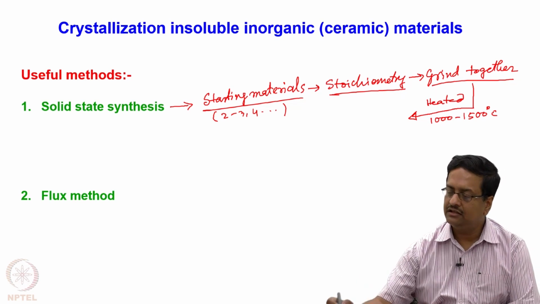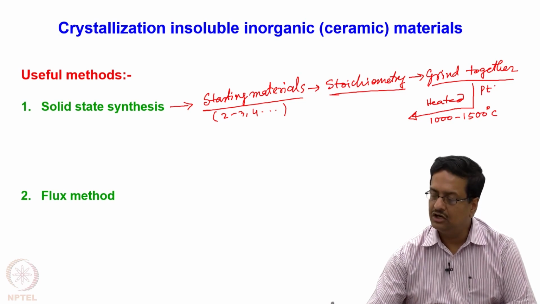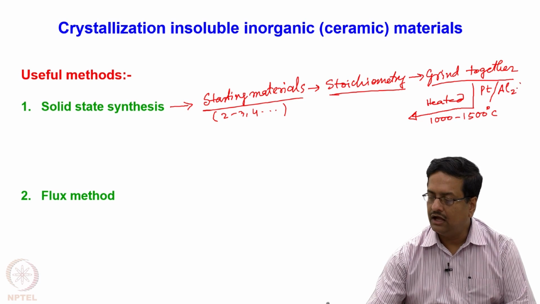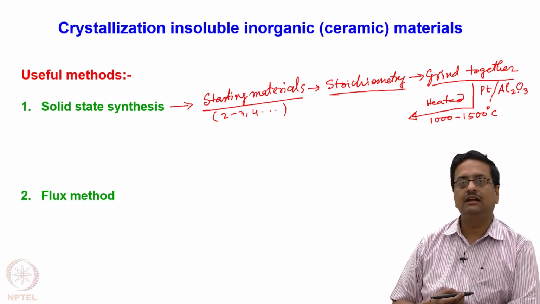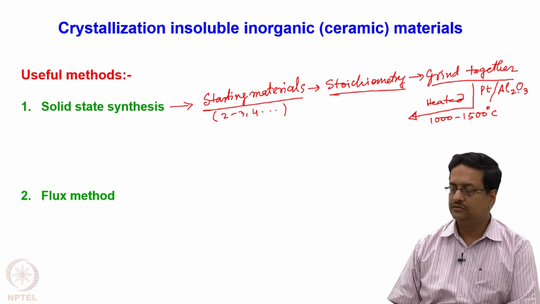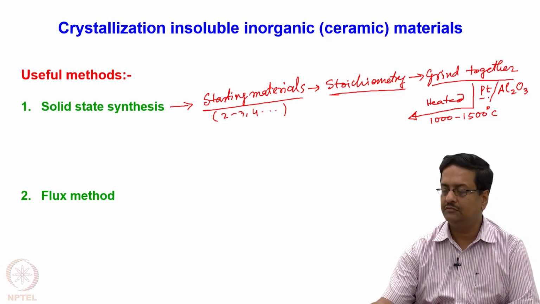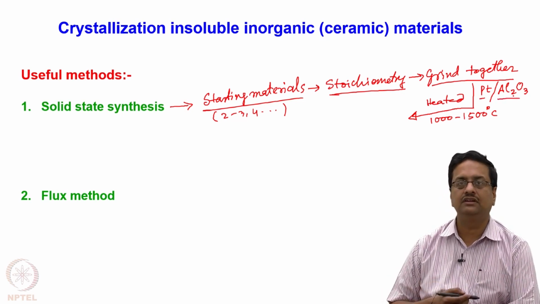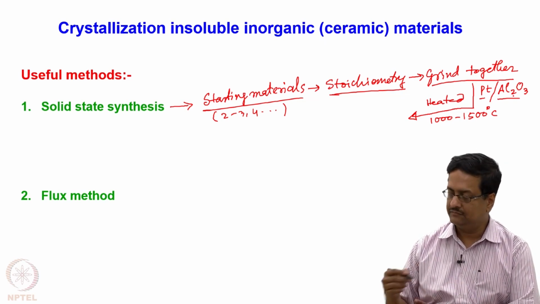Remember, this heating is done either in platinum crucibles or platinum boats, or in alumina boats, which are stable at those high temperatures. So depending on what kind of temperature we are using, we should choose either platinum or alumina. We should not exceed the melting point of platinum while doing this experiment.